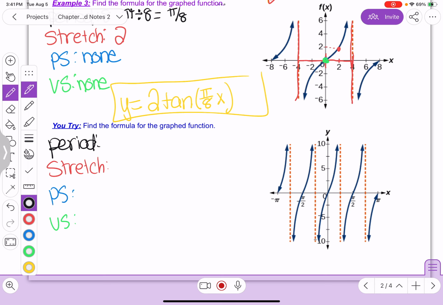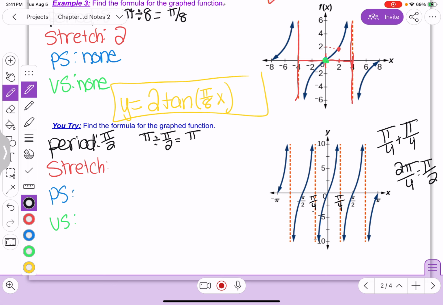Okay, period. So if that's pi over 2, this would be pi over 4. So pi over 4 to pi over 4, if you add those up, would be 2 pi over 4, which equals pi over 2. So if the period is pi over 2, I'm going to do pi divided by pi over 2, which is pi times 2 over pi, which equals 2.